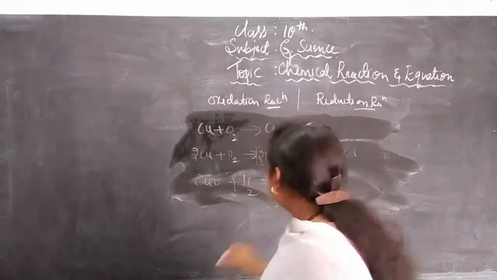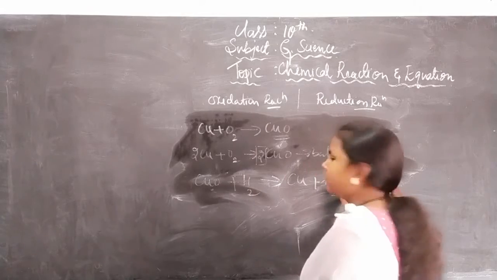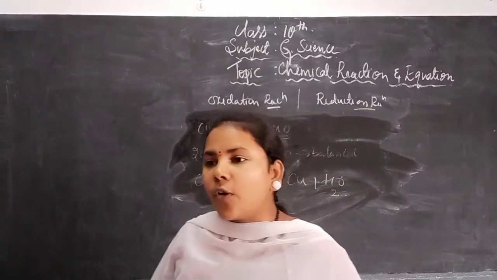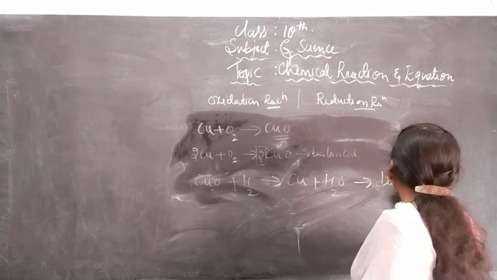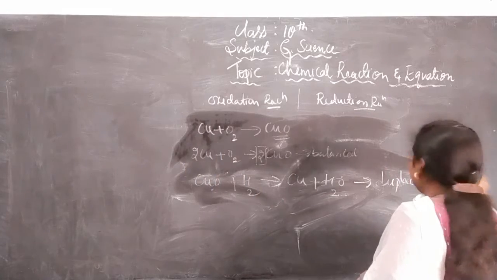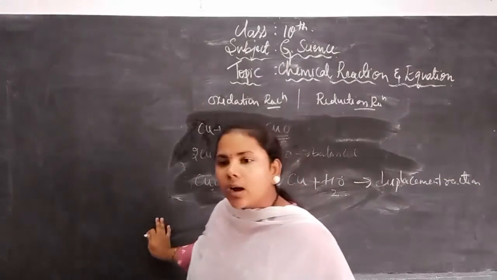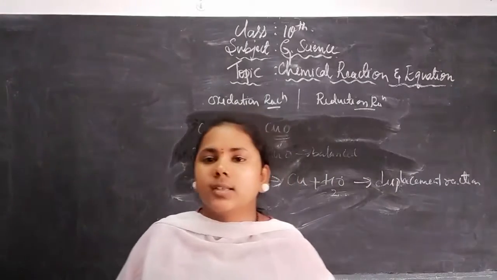What happened here? The copper is liberated and H2O is formed, that means water is formed. This is called a displacement reaction. Now we can observe whether this reaction is a reduction or an oxidation.